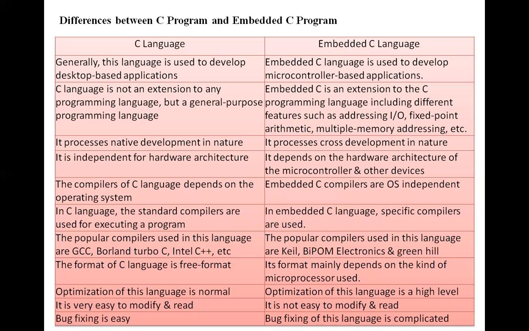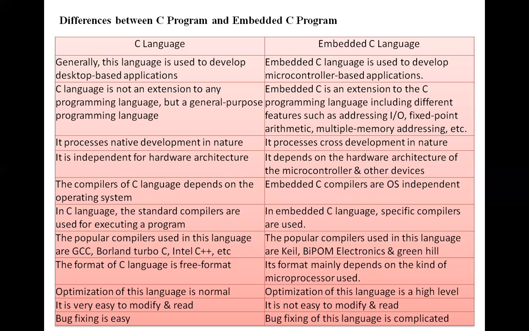The popular compilers used for C are GCC, Borland, Turbo C, Intel C++, etc. These are the popular compilers that are available over the internet. But you cannot find embedded C compilers freely over the internet, because they are not freely available.